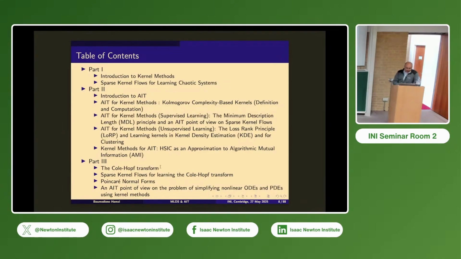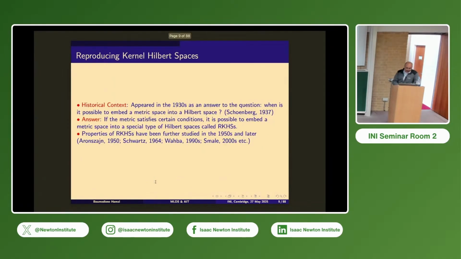The third part is the problem of simplification of PDEs using nonlinear transformations and Poincaré normal forms, where we could learn them using kernel methods and reformulate them from an AIT perspective. There is a lot of material, but feel free to interrupt whenever you feel so.